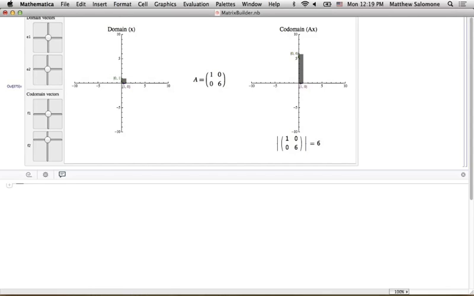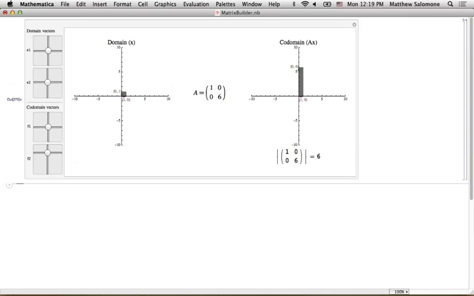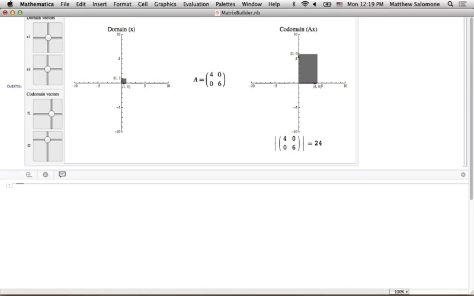Well, it depends on what vector you use to stretch it. It does. So let's take this and stretch it. In addition to stretching it by a factor of 6 vertically, let's also move it horizontally some. Now my determinant is 24.